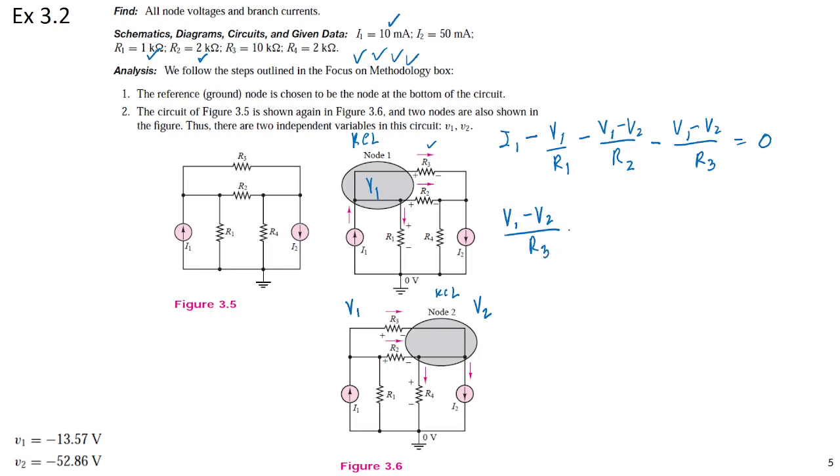Plus V1 minus V2 divided by R2, right? Minus V2 divided by R4 minus I2 is 0, right?